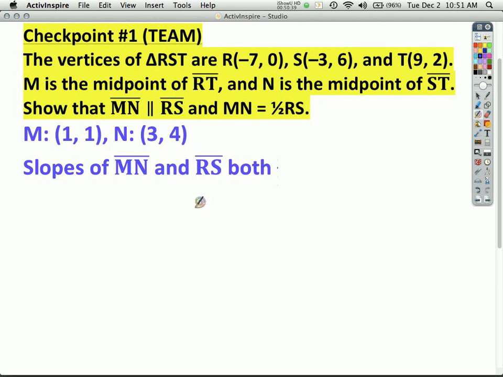What were the slopes? Stephen, what'd you get? They were both 3/2. And so that proved that segment MN was parallel to segment RS. Now demonstrating the distances.